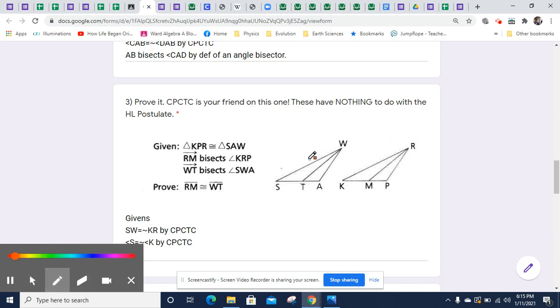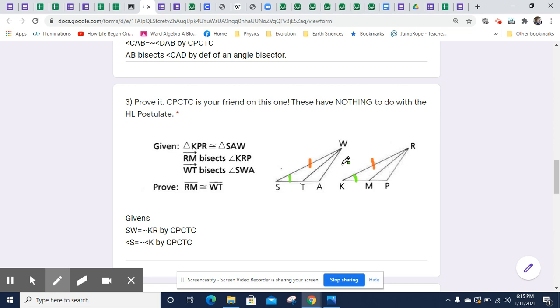Okay, so we know that this is congruent to this. We also know that this angle is congruent to this angle. Okay, now it would help to be able to prove that this angle is congruent to this angle, because then we can say angle side angle, and then by CPCTC we'll prove that.